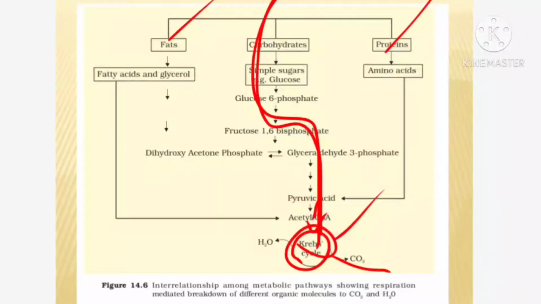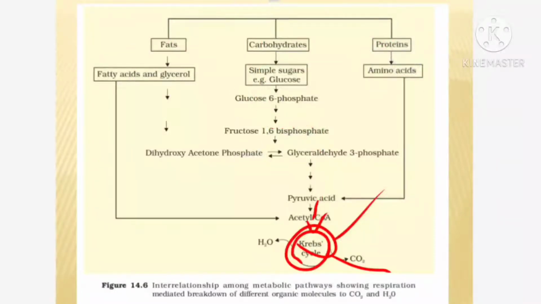Now, what about proteins and fats? Listen. When I have proteins in my food, they are broken down by the digestive system with different enzymes into amino acids. So, the simplest form of protein is amino acids. And the other one is fats.